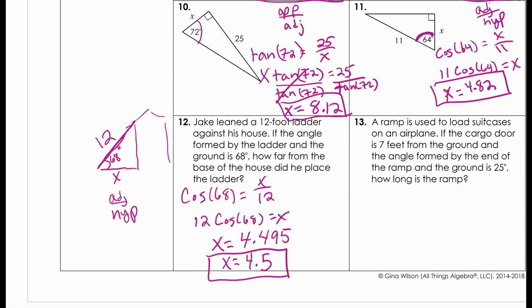All right. So then the next scenario, next question is about a ramp used to load suitcases into an airplane. I'm not even going to begin to try and draw the airplane. We do know that it has like a compartment. And from that compartment down to the ground, it tells us it's 7 feet.